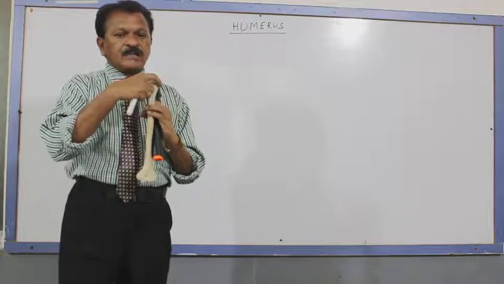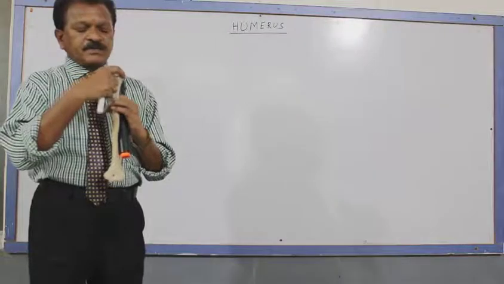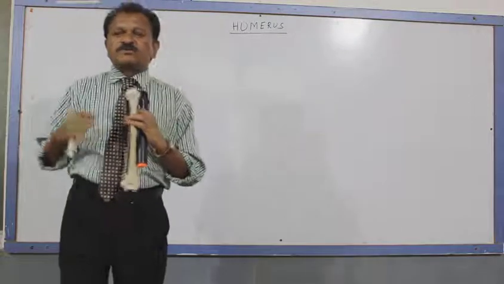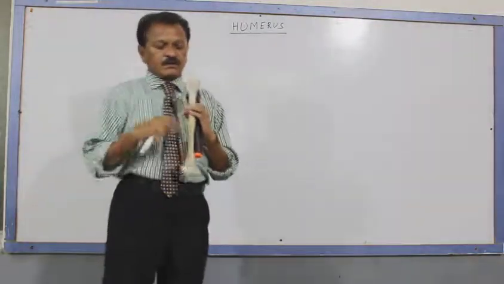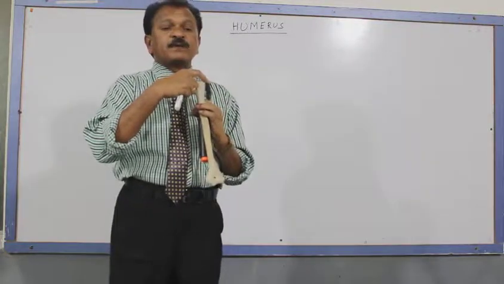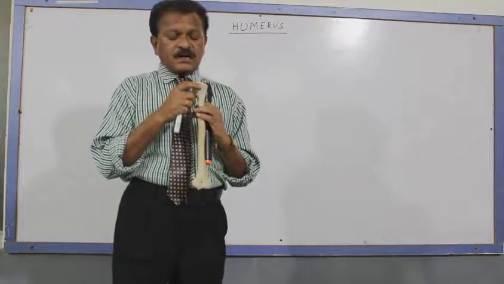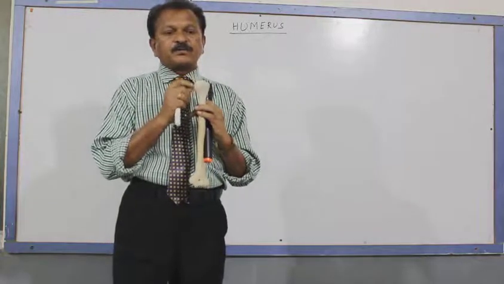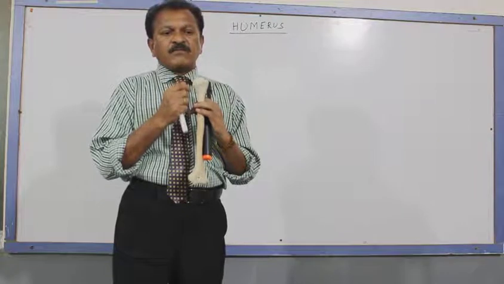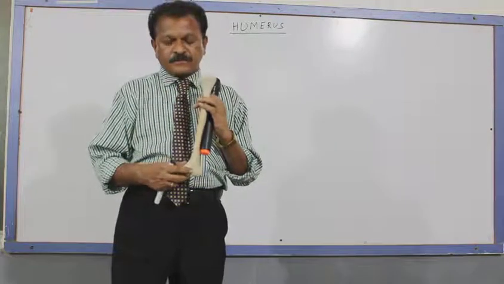And laterally there is the greater tubercle, and it is a prominence. It gives the prominence to the shoulder joint and the shoulders. The lesser tubercle is placed anteriorly, and it is projected medially, forwards, slightly backwards and upwards.